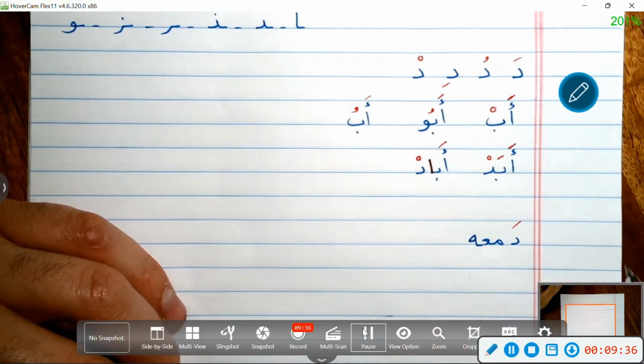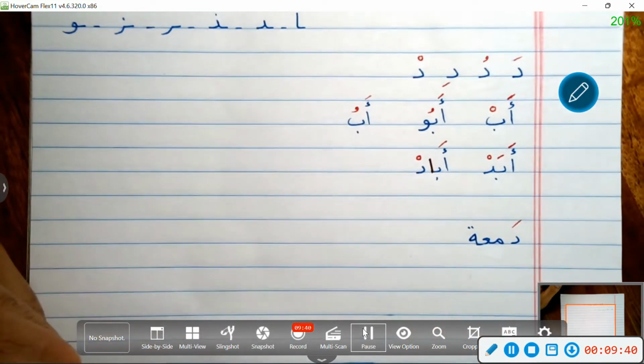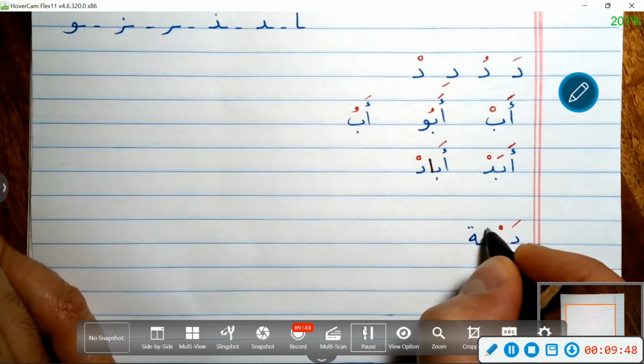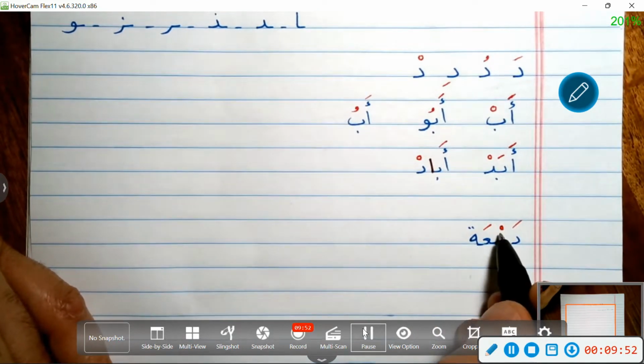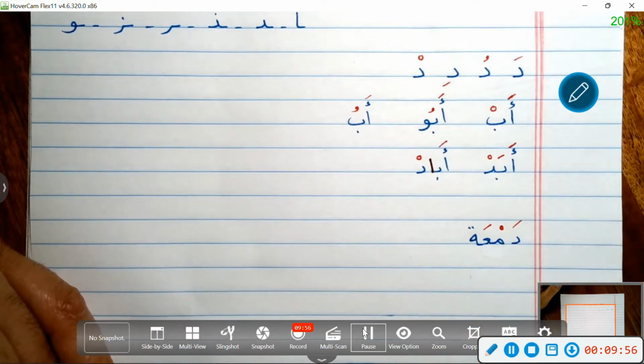Dama, ta marbuta. Dama means it's one drop of tears. So here, dam, dam. This is not a dot, this is sukoon. It's a circle. Dam.